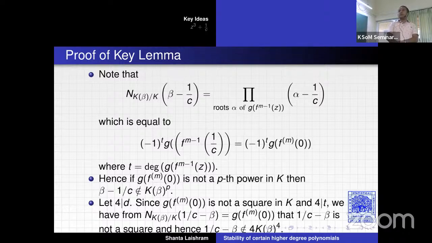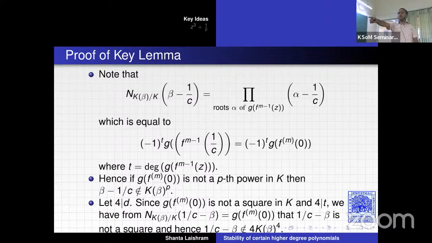So we have to show that this is not a p power. If it's not a p power, then the whole thing is not going to be a p power. So let 4 divide d. Then g of f^m_0 is not a square, and 4 divides t.